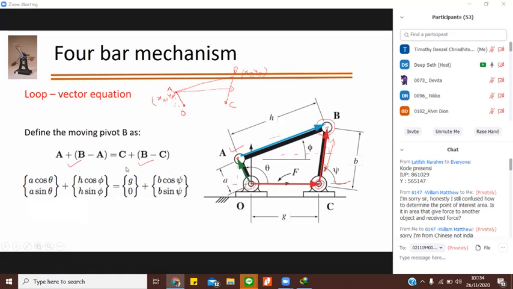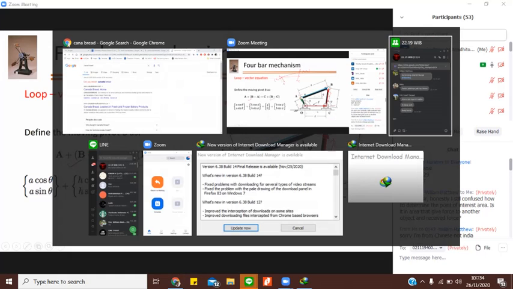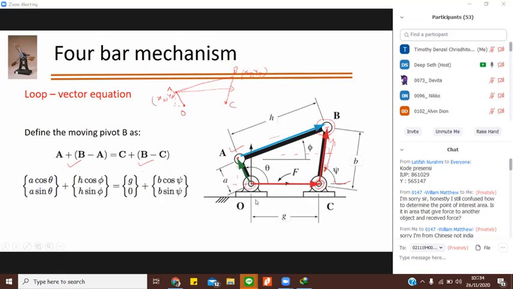C we can write as g comma 0, because it's on the x axis, so x is g and y is 0. And B minus C is equal to B cos psi and B sin psi. These are your coordinates in x and y in vector form.